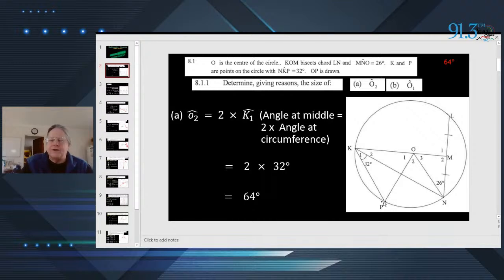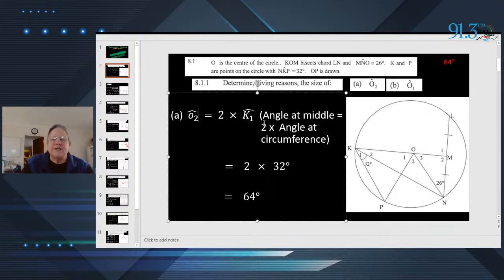Then in English we say K1 stands on chord PN. Then we look for another angle that's subtended by PN, and we go up like I'm showing you here, and we see it is O2. We should remember that this makes a theorem. So in the answer, I said O2 equals 2 times K1.